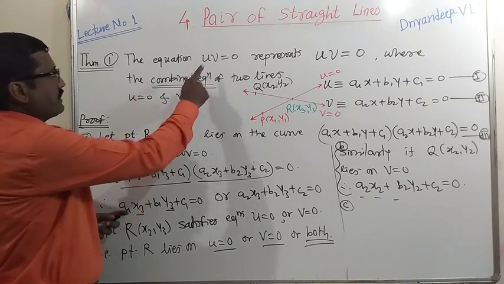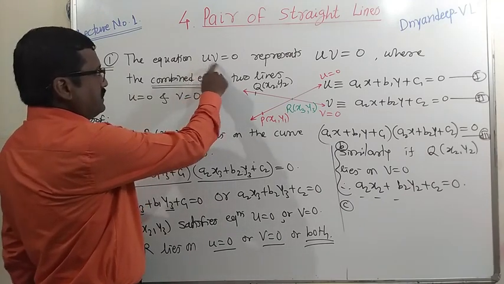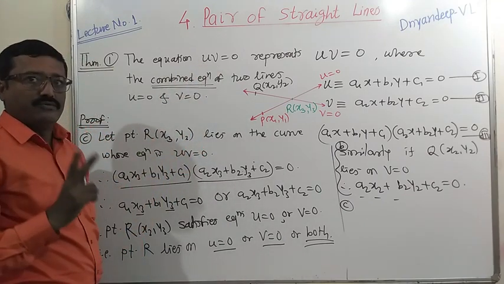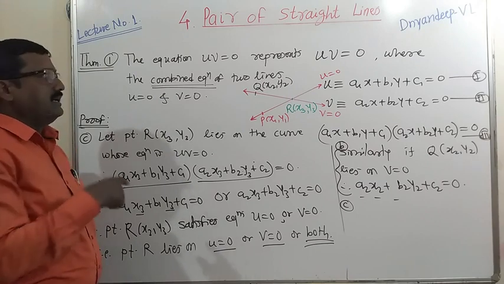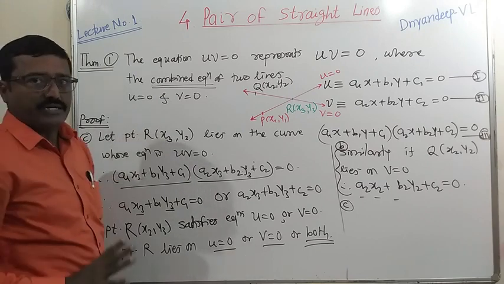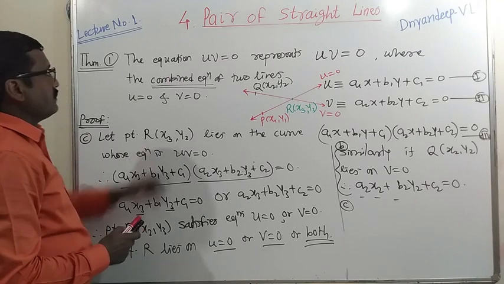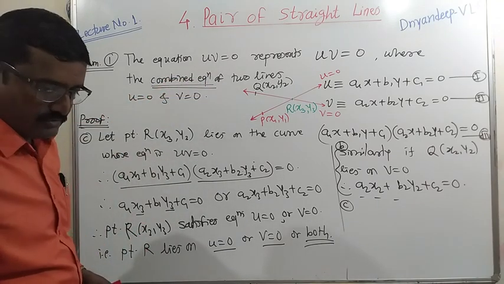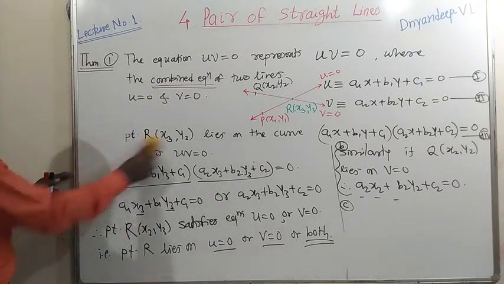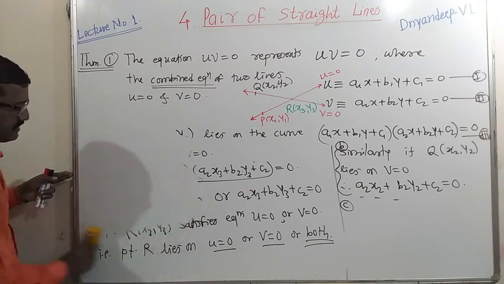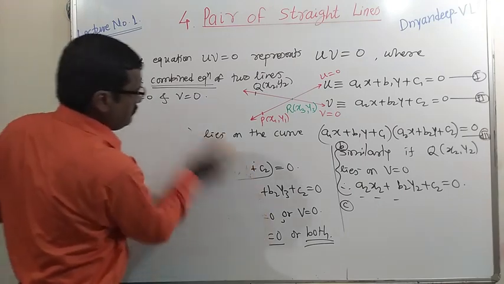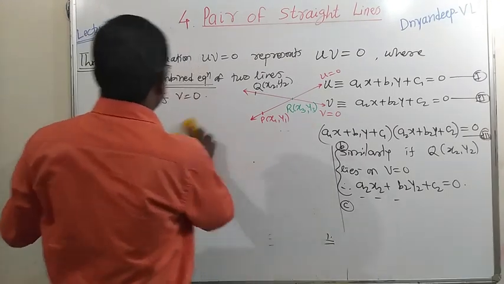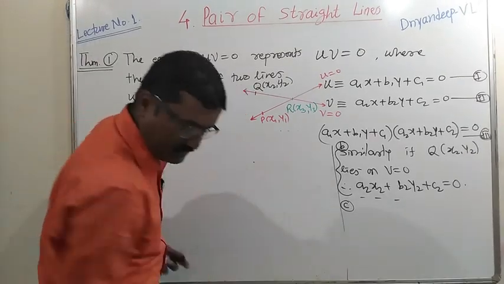So from now on we will consider that whenever we take the product of the equations of two lines, that product gives the combined equation of two straight lines. This product uv = 0 is also called the joint equation of two lines.